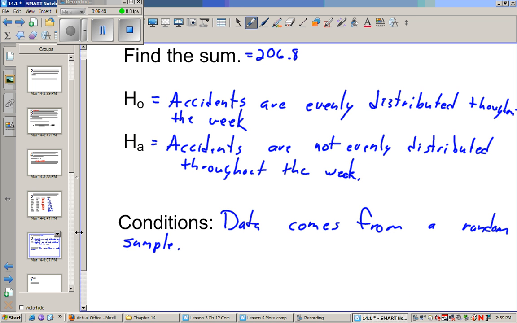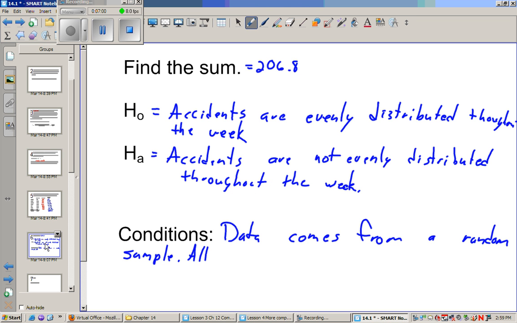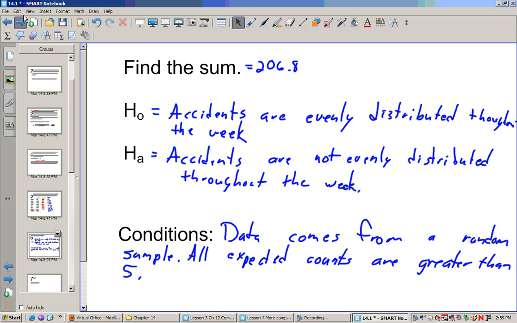So for both of those conditions, we can say all expected counts are greater than 5. Those are the two conditions, and that's it. You don't have to worry about any other conditions for chi-squared.